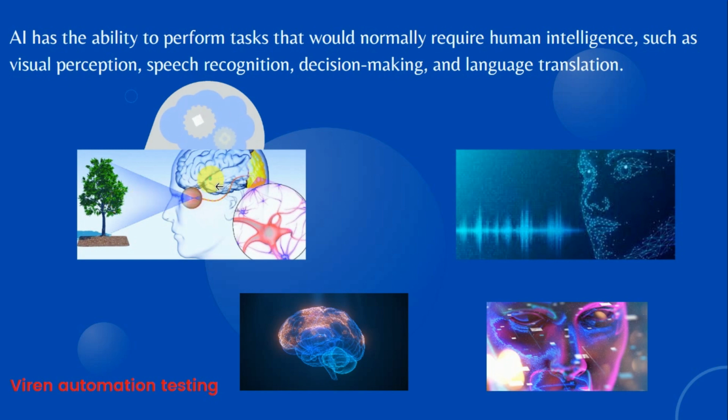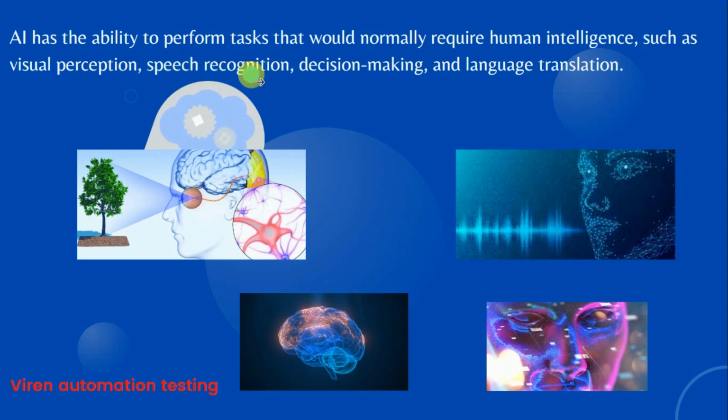But what about the machines? So we have developed such type of the machines, they are doing the visual perceptions and speech recognition. So suppose if I speak in the English and if the system can transfer this language into the another language like the German, Dutch, French, Hindi, any language it can transfer automatically.